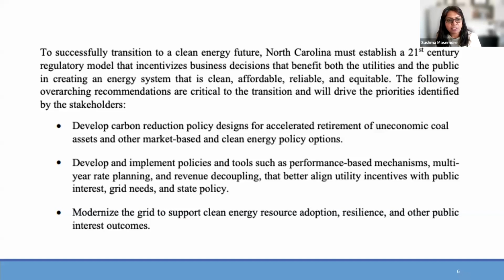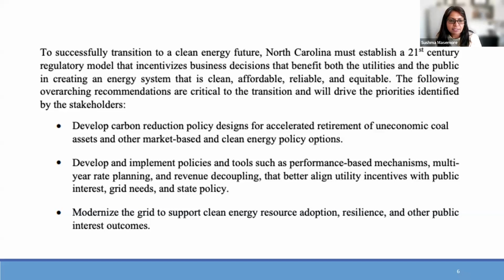We knew that we needed to further develop carbon reduction policies for accelerated retirement of what we call uneconomical coal assets, and base it on market-based competitive options for a clean energy future. We knew that we needed to develop and implement policies and alternative tools for regulatory reform. And we identified performance-based regulations, multi-year rate planning, and additional tools in the toolbox to achieve those objectives.